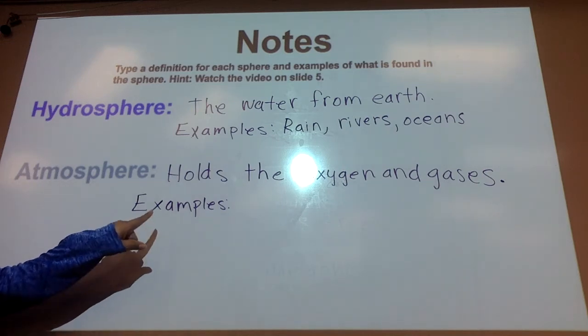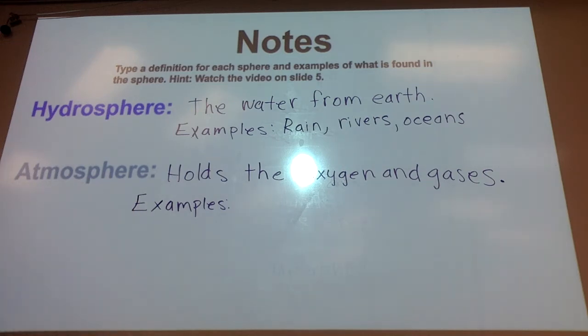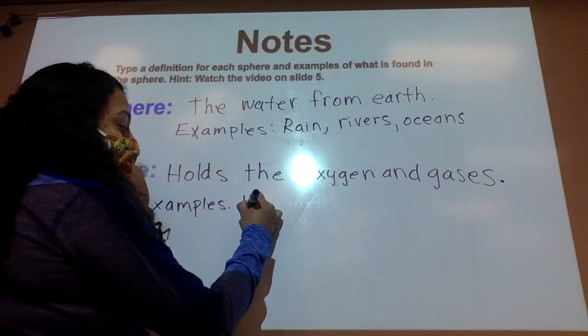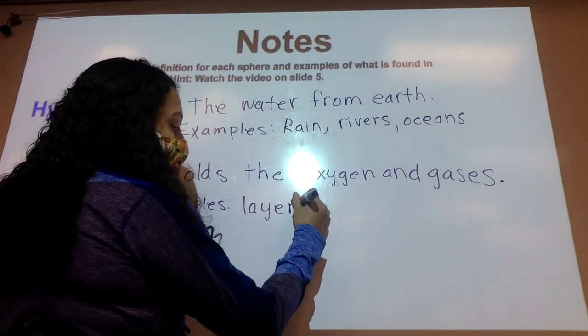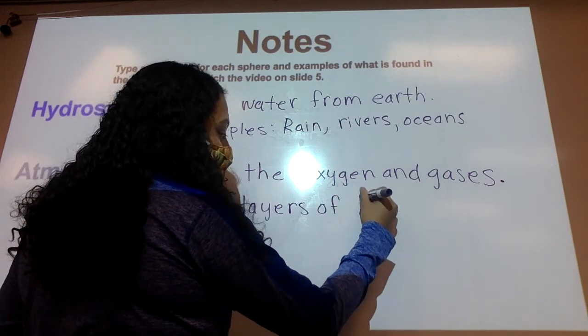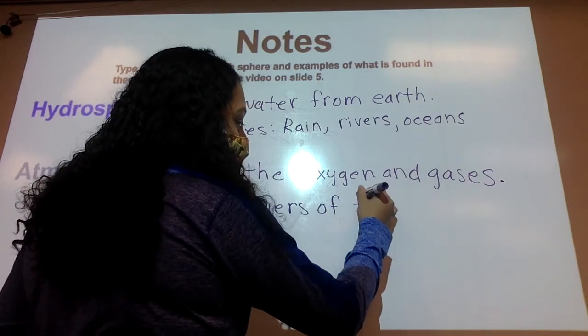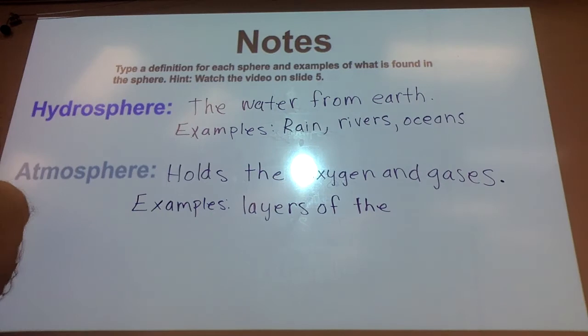Okay, so what are some examples of the atmosphere, Sophie? It holds the layers of the earth. Layers. Blanket. It holds the oxygen. I guess examples are oxygen and gases, right? But there is more. Remember what makes the waves move in the ocean?